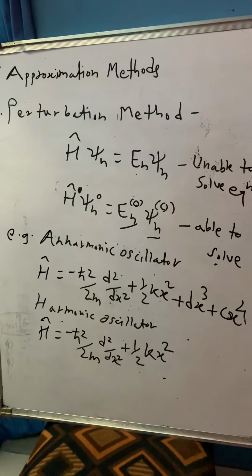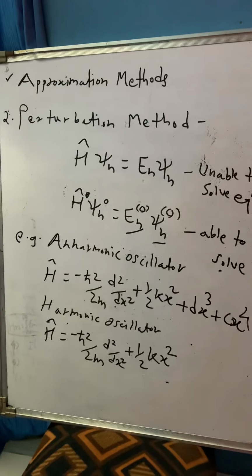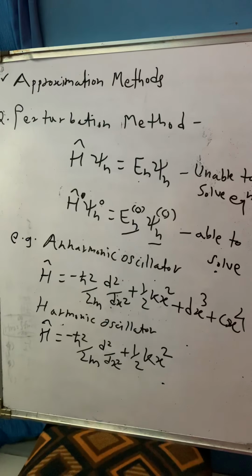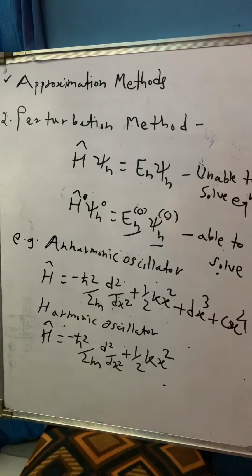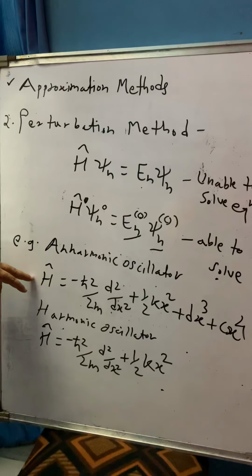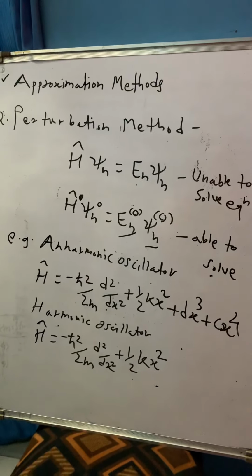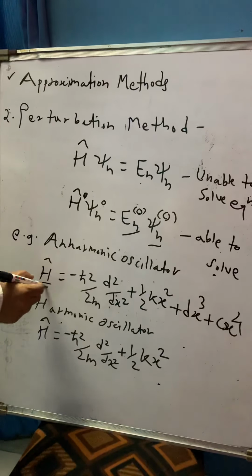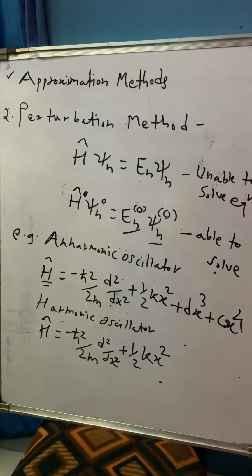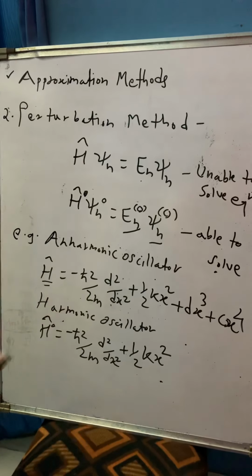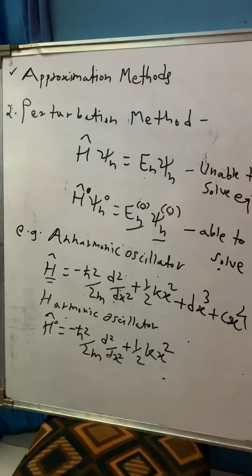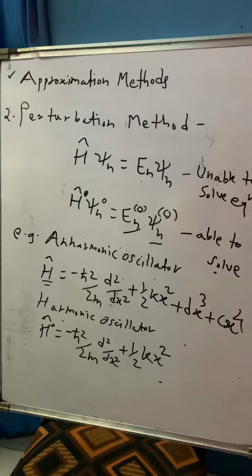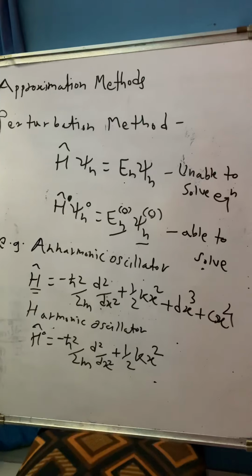We can see that these two Hamiltonians are very closely related to each other. H is the Hamiltonian for the perturbed system, for which we are unable to solve this equation, and H0 is the Hamiltonian for the unperturbed system, for which we are able to solve this equation.